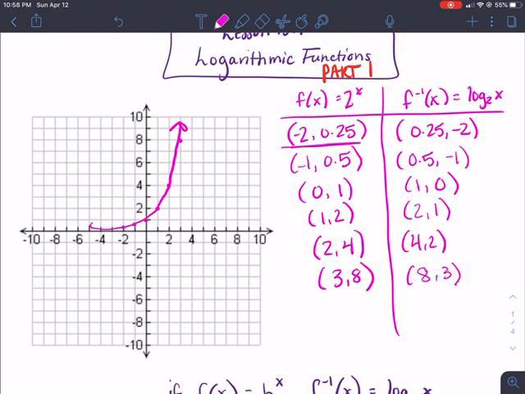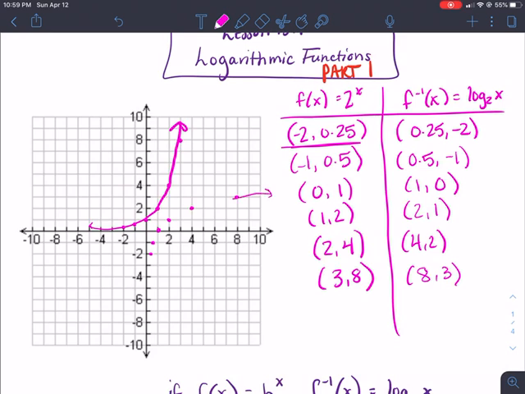So 0.25, negative 2, so that's about right here. 0.5, negative 1 is right about here. 1 comma 0, 2 comma 1, 4 comma 2, and 8 comma 3.